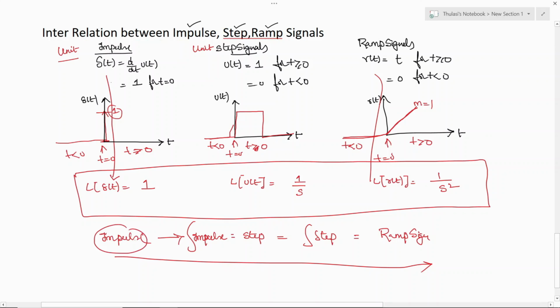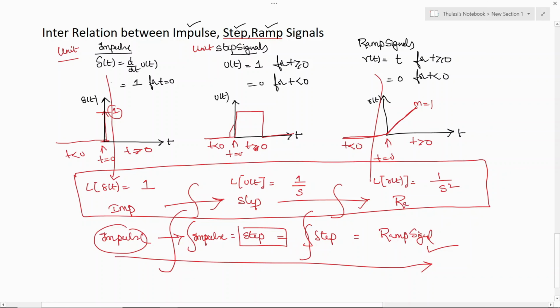When you perform integration of impulse you are going to get the step signal. The integration of the step signal you are going to get the ramp signal. Okay, so integration of impulse is step, and integration of step you are going to get a ramp signal. This is very very important.